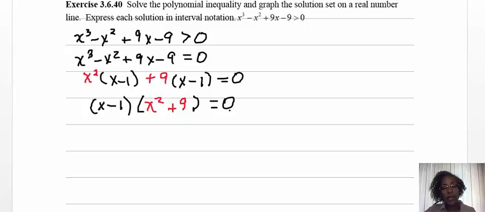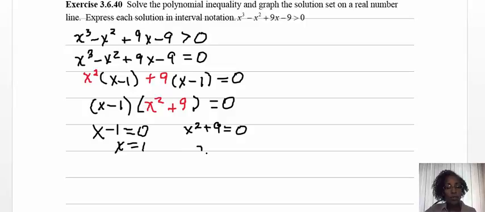So the only way this product can be 0 is if each of the factors is 0. So for this product to be 0, x minus 1 has to be 0, which means x is 1. Or x squared plus 9 is 0, which means x squared is negative 9, which means x is plus or minus the square root of negative 9, which equals plus or minus 3i.